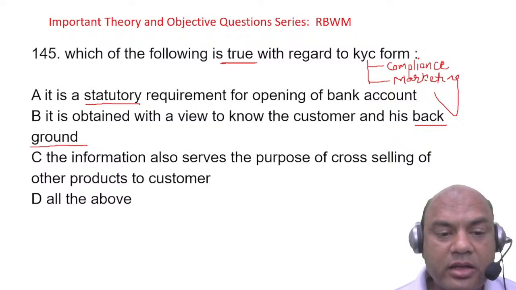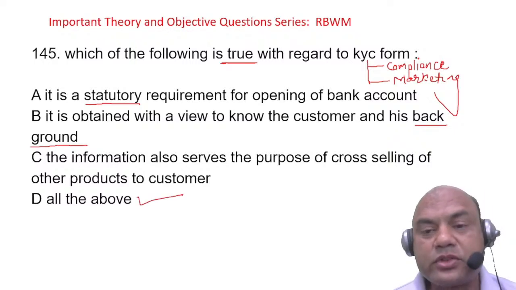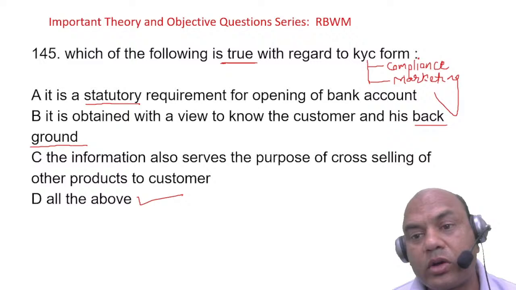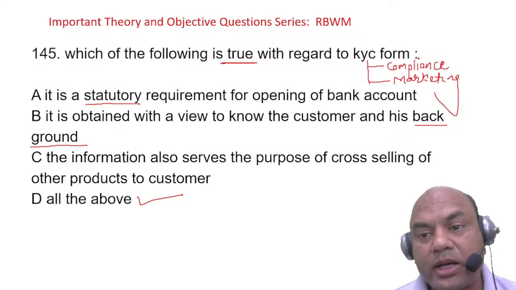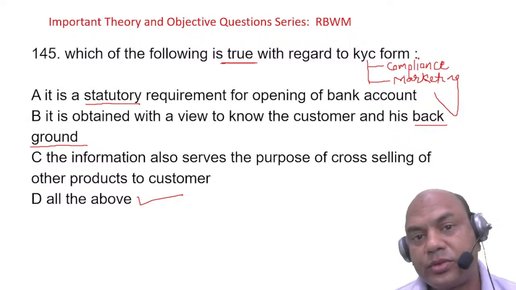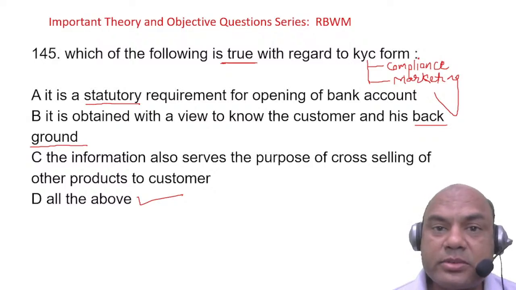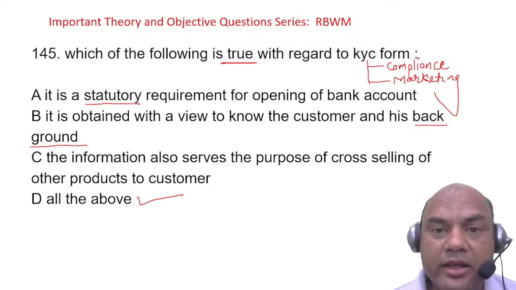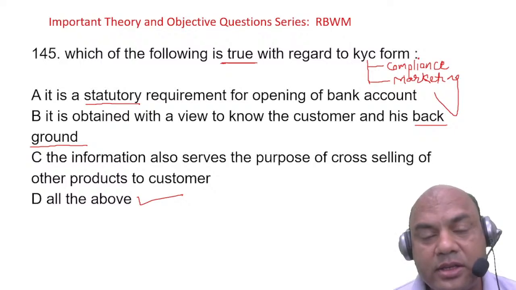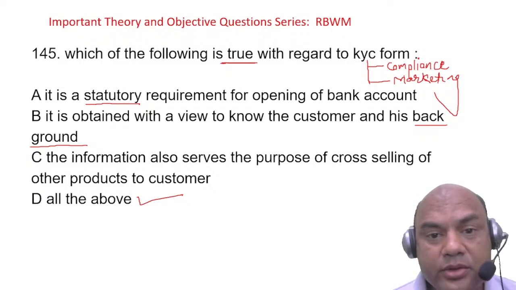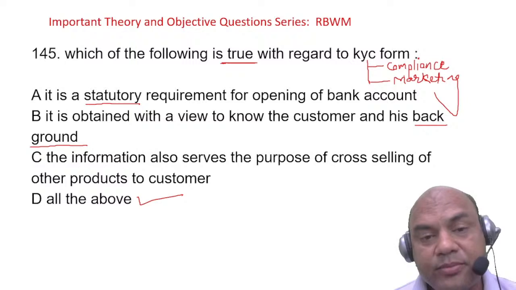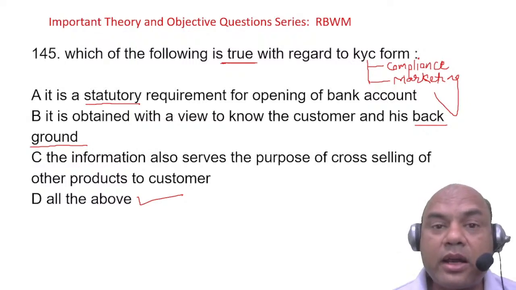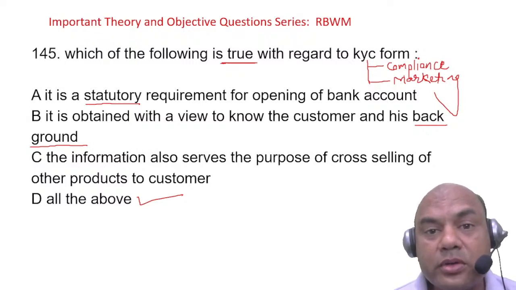D, correct. Here, KYC form is used for both the purposes. It's not only compliance, it is used for the marketing purpose also. Whenever the customer writes he or she has one car, is married, has one or two children, owns a house or a rented house, in that case you can target that customer for a new home loan.